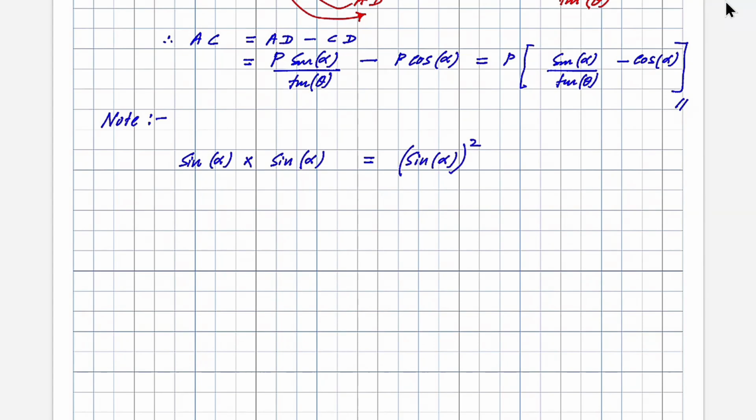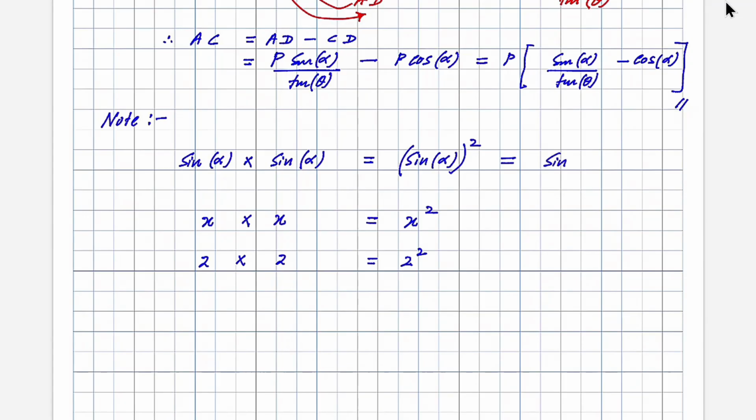That we know. This is very similar to x times x is equal to x squared, or 2 times 2 is equal to 2 squared. But in trigonometry, this sine alpha whole thing to the power 2, you write in a special way.